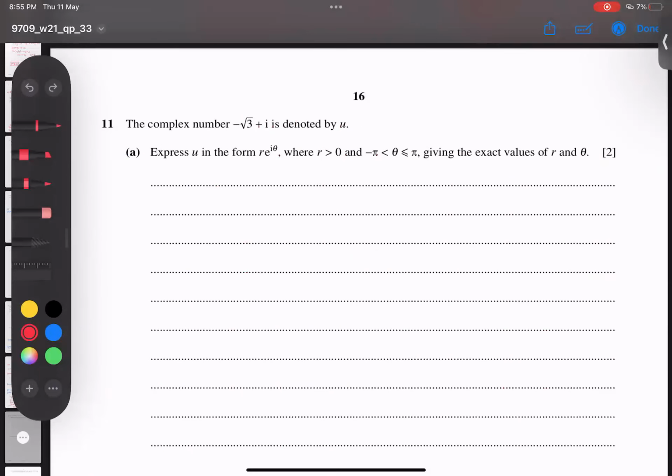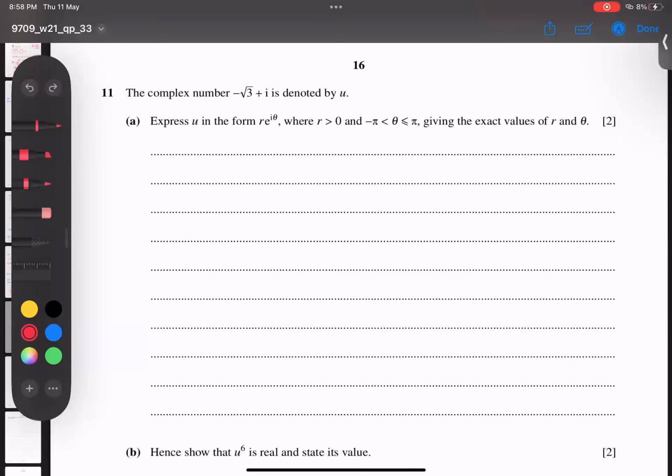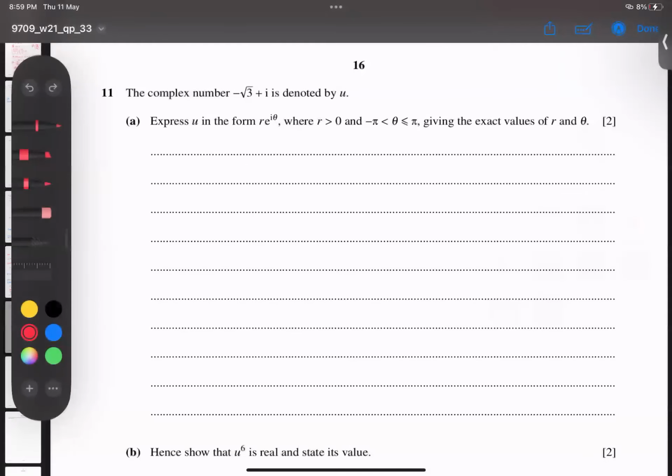Question number 11, complex numbers. He's saying this complex number is denoted by u. Okay, so let's see how we can do it. So here we have a complex number given by u, and he is saying express in this special name called polar form.